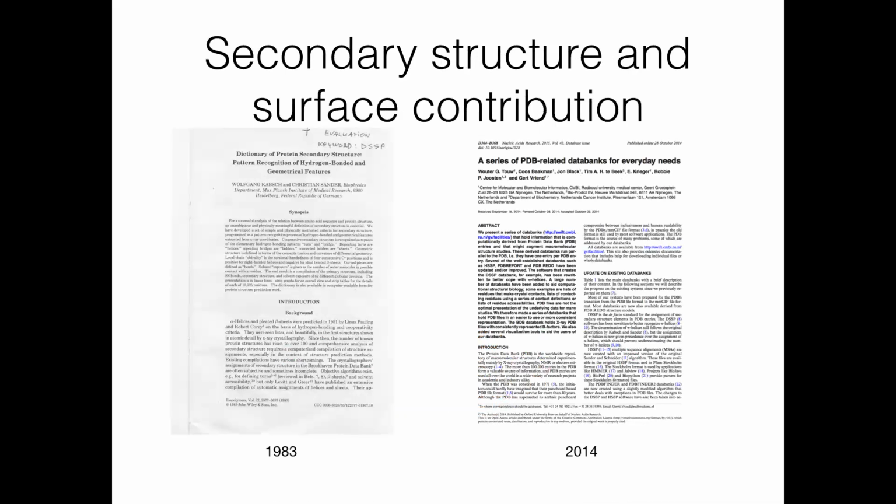A very old feature in the field of protein structure is secondary structure. I found this cover of a paper from 1983 from Chris Sander. It is a method to identify secondary structure and also the surface contribution of a single amino acid.